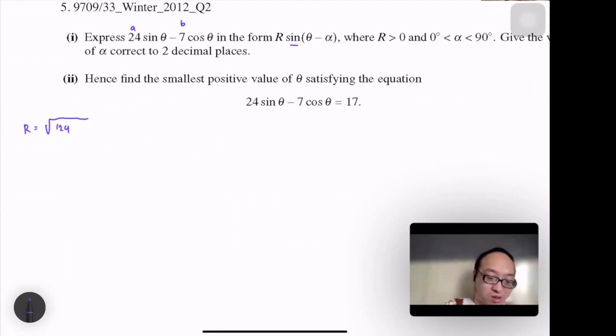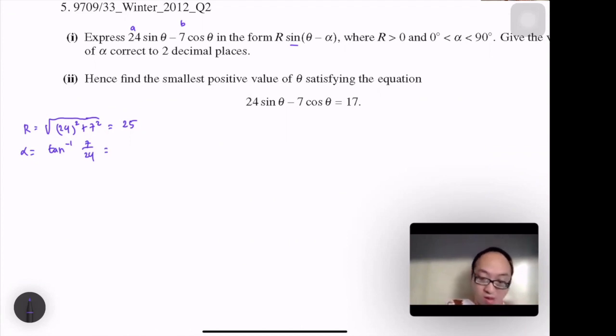So 24 square plus 7 square equals 25. And for the alpha, is tangent inverse of 7 over 24.